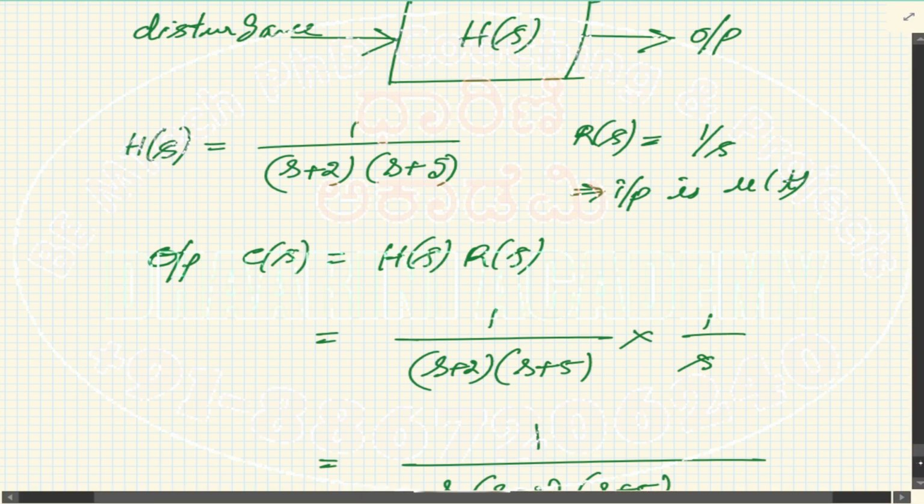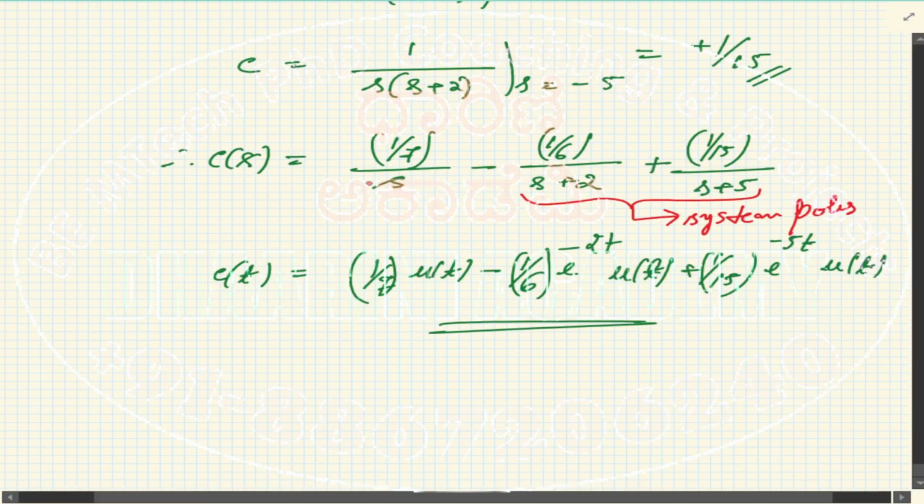In my final output there is a contribution of this pole, right? That pole is called the excitation, because it's an excitation to the system you are giving as input. So that's why it is called the excitation.